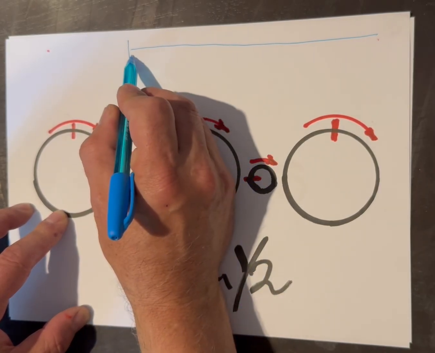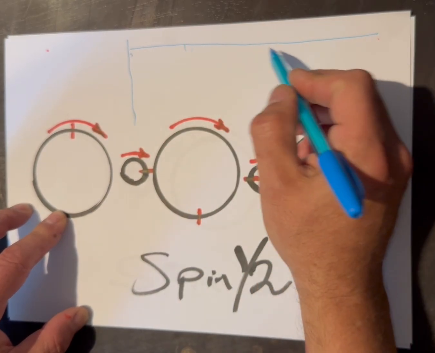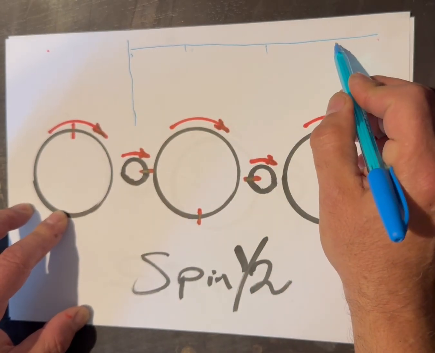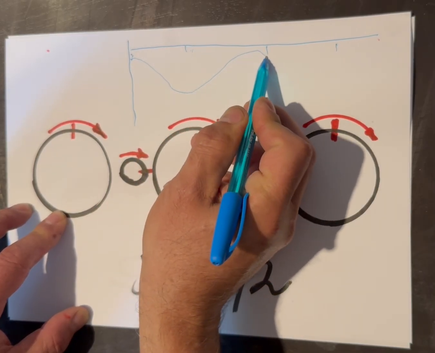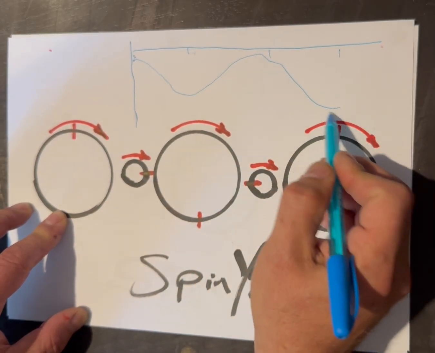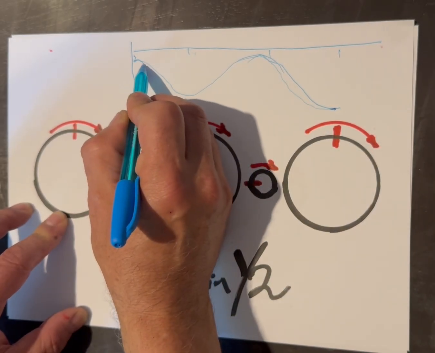That's the low, that would be low here, coming high here, and low here, and high here. Low, high, low, high. That's the variation, it follows the sine wave.